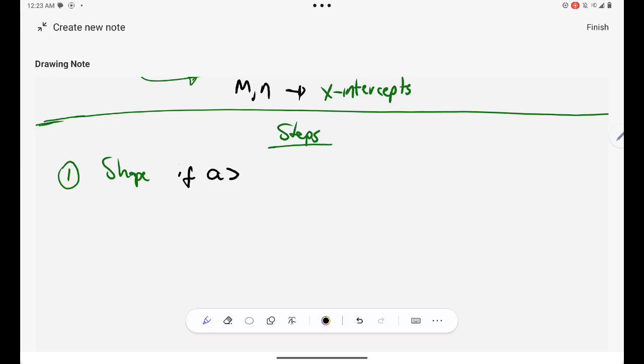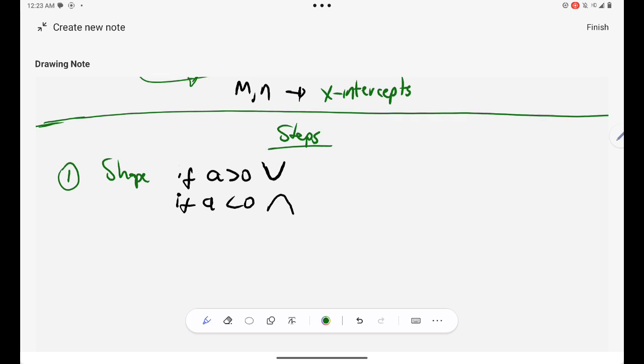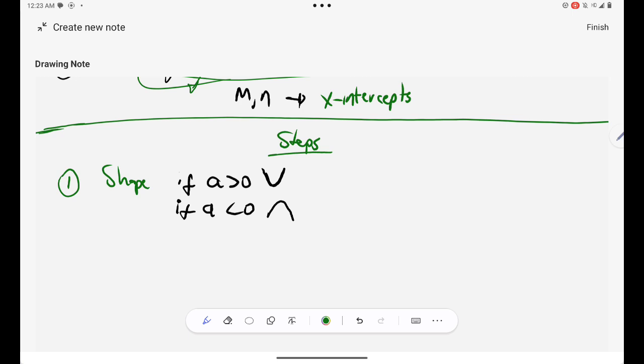If a is greater than 0, your graph will be concave up, and if a rather is less than 0, your graph will be concave down. It will look downwards like this. Then step number 2, just find the turning point and draw it.